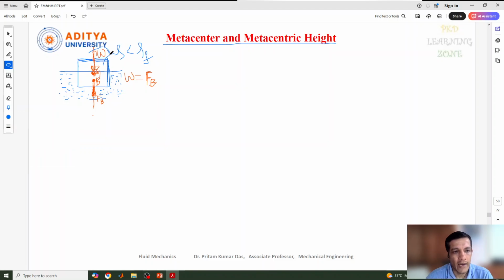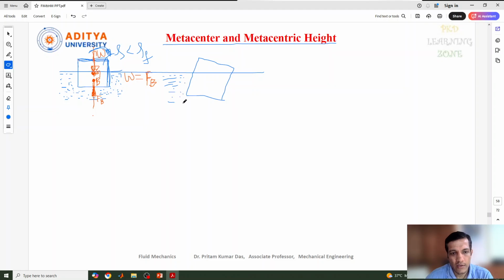with some angular displacement. So let's extend this water surface, and the same object, after some angular displacement, let me rotate this object, and it will look like this. The same liquid is there, the water that I had taken previously.